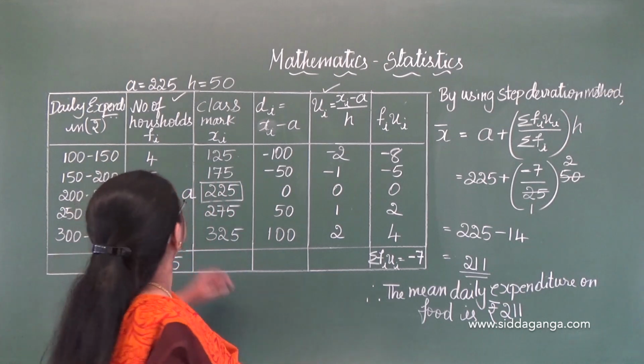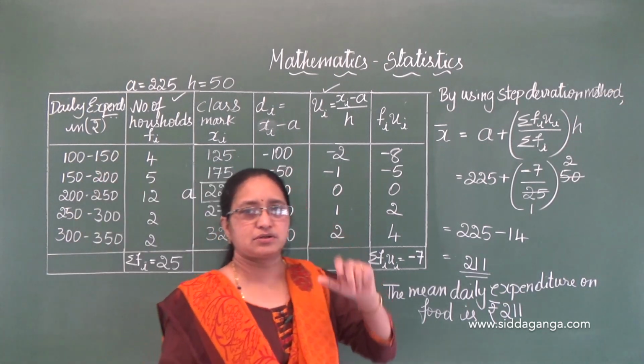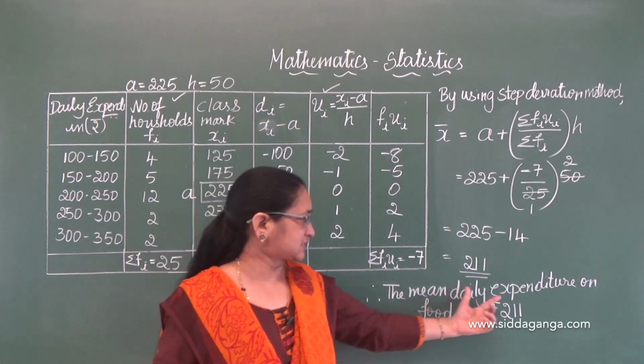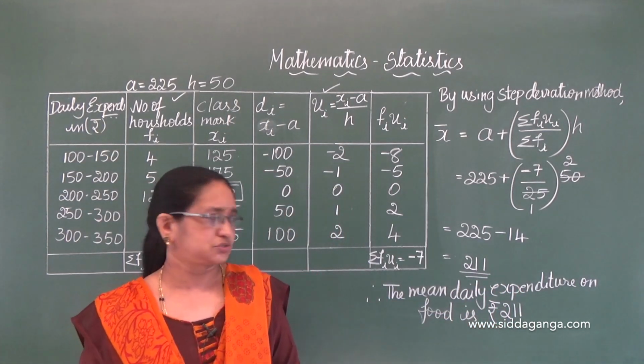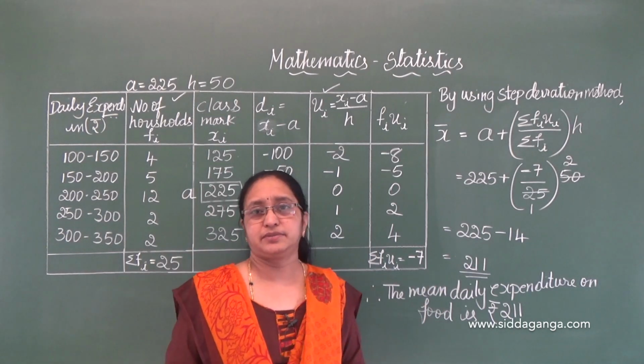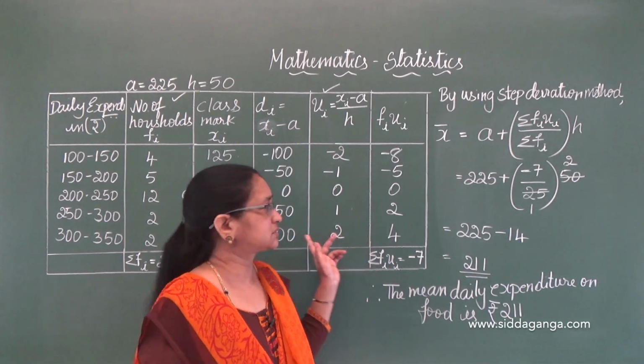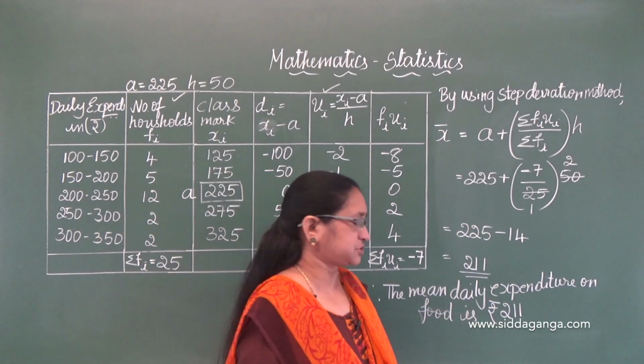Because it is in rupees here, see, they have given the column in rupees. So, daily expenditure on the food is rupees 211. So, this is the mean of the daily expenditure on the food.